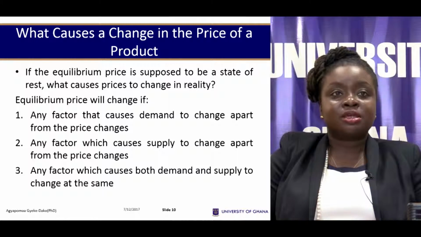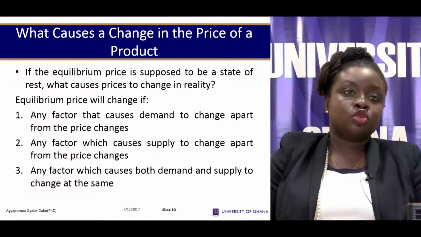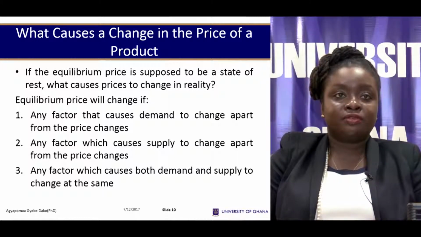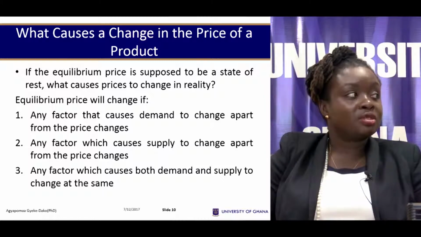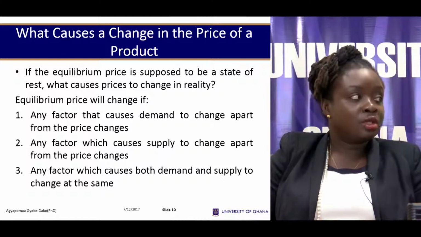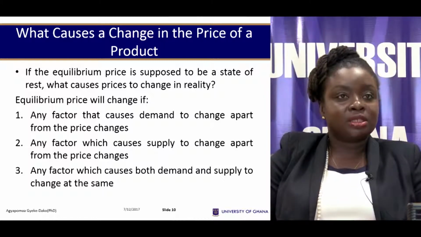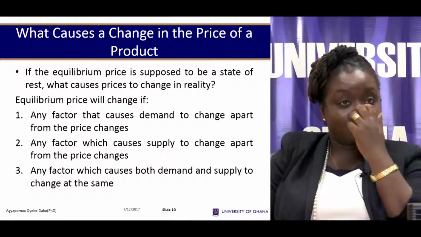Now, if we find supply reducing, then there will be a bodily shift of the supply curve to the left. When the supply curve shifts bodily to the left, we're going to be finding price increasing, and then the quantity that is being supplied reducing. So with this, we have seen that the equilibrium price has increased.